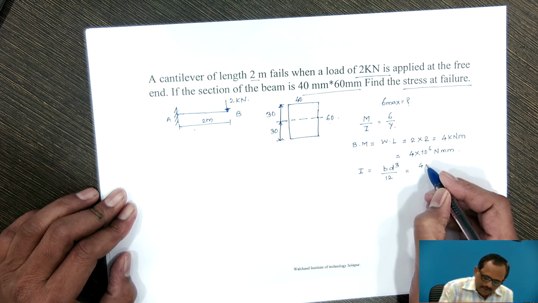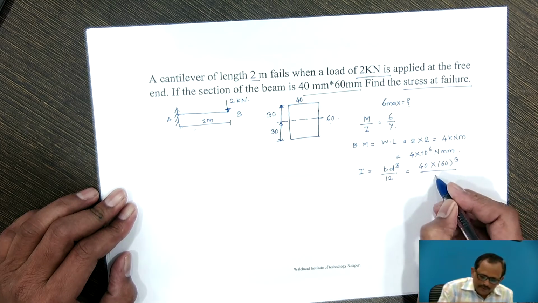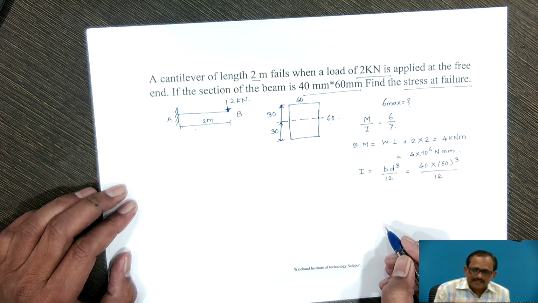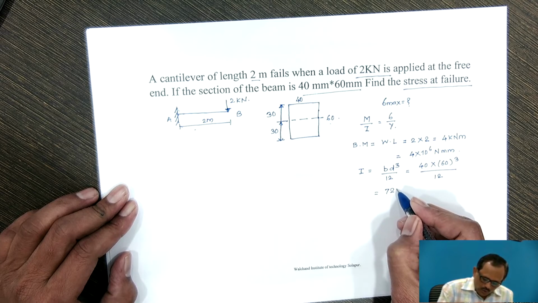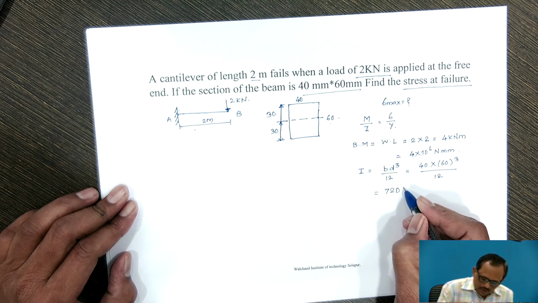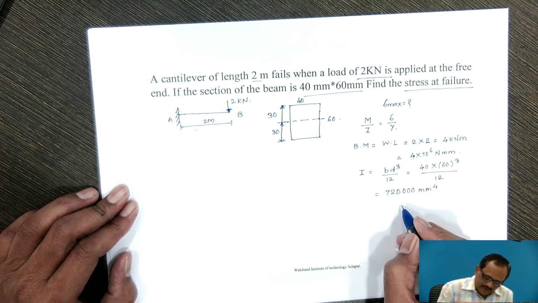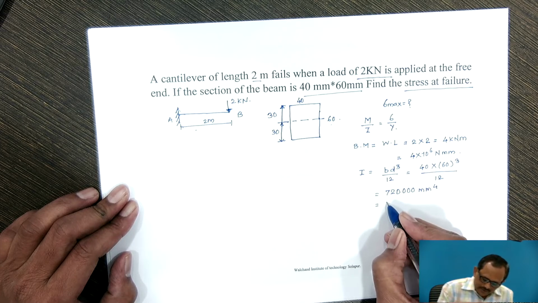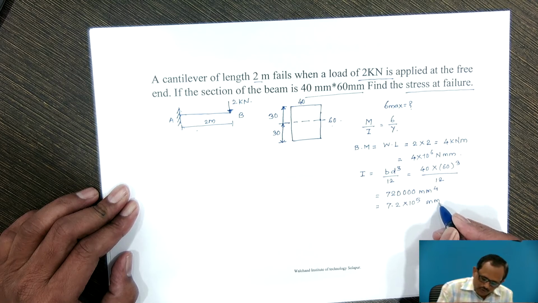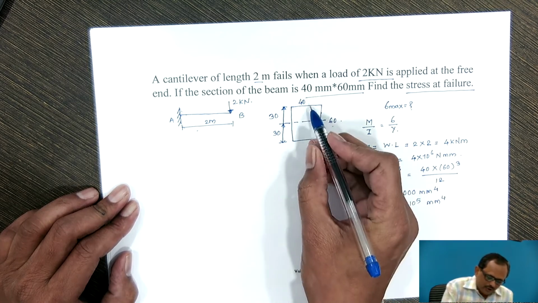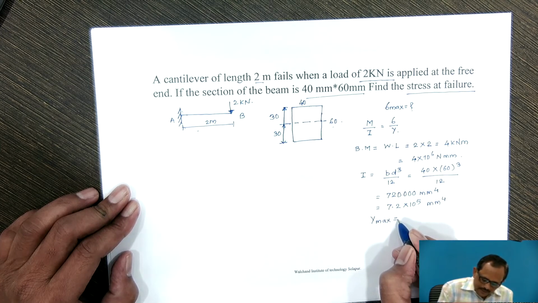Putting the value of width and depth, we can calculate the moment of inertia, and that is equal to 72,000 mm raised to 4. That you can write as 7.2 into 10 raised to 5 mm raised to 4. The distance of the topmost or bottommost layer, y max, is equal to 30 mm.